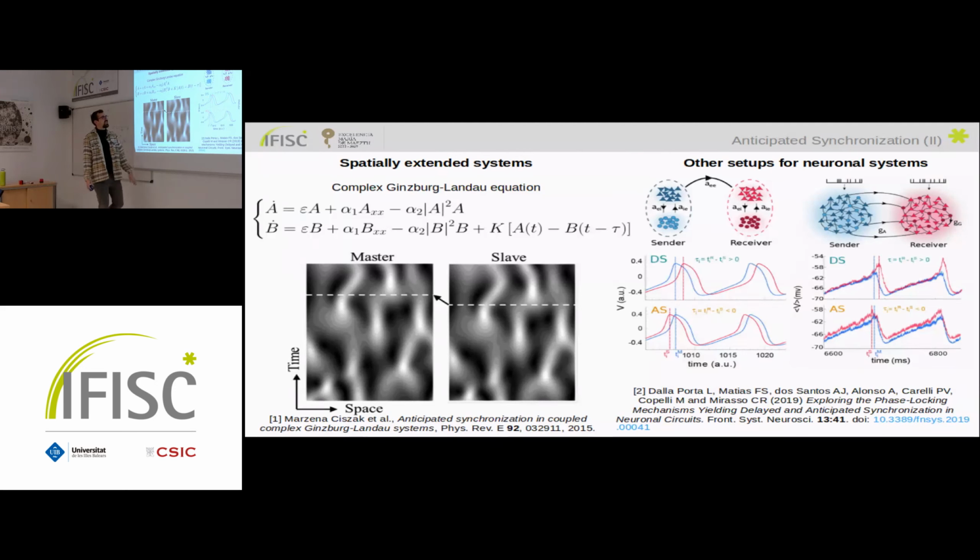And also in this same paper they did a very similar model, but they introduced some stochastic input, and they still were able to get some region with delayed synchronization and some region with anticipated synchronization. So these were some nice results that were obtained using anticipated synchronization.